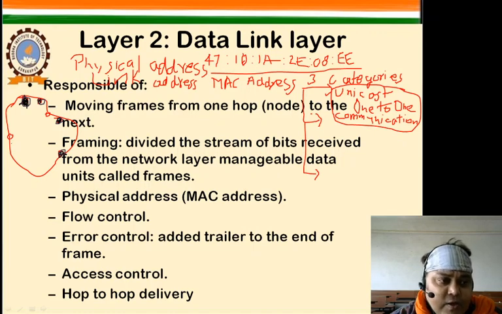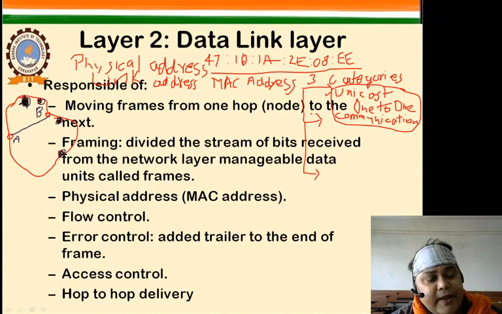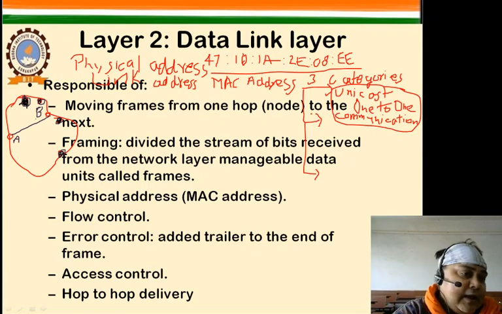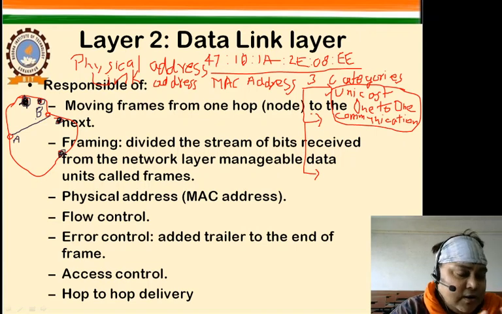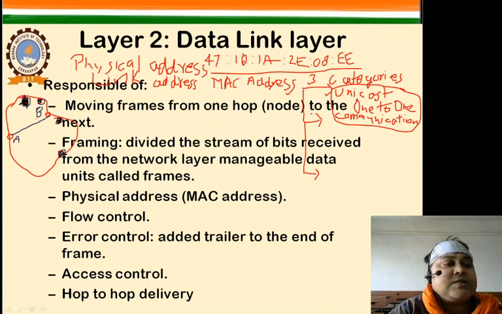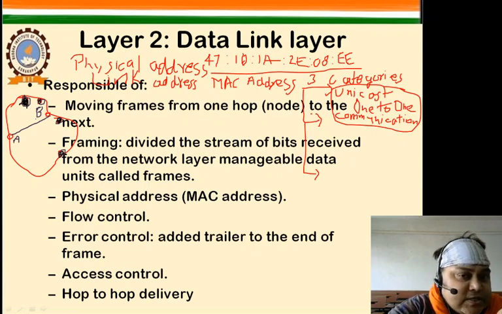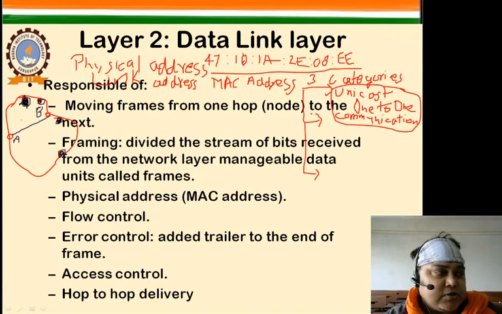So this node or this system or this end user, say for example A, wants to communicate only with this end user B. So communication is happening only between one user and another, one to one, and A cannot communicate with those black dotted communicating devices. Such type of communication is known as unicast.